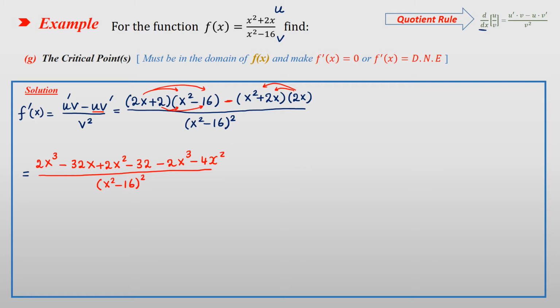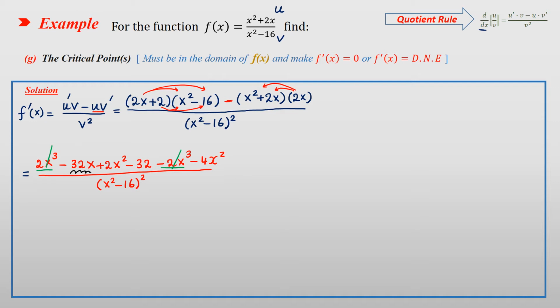Now we have 2x cubed minus 2x cubed equal to 0. Also we combine similar terms. We have negative 32x, and there is no similar term to negative 32x.